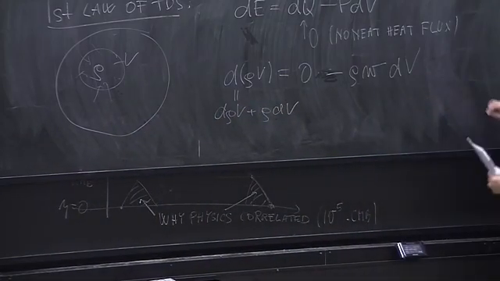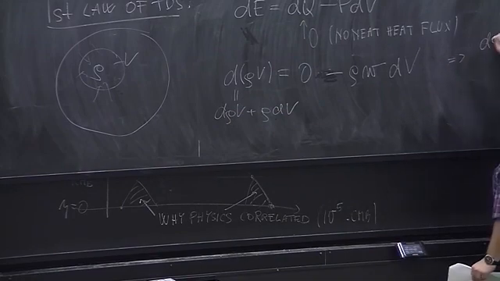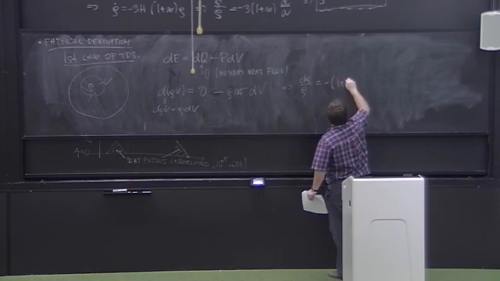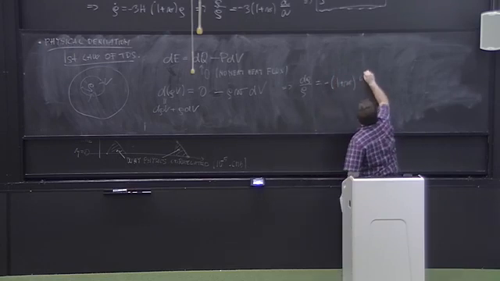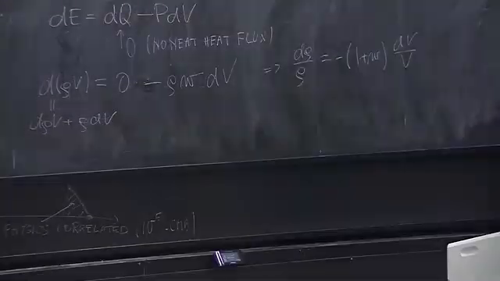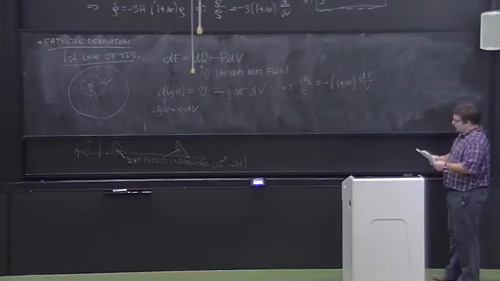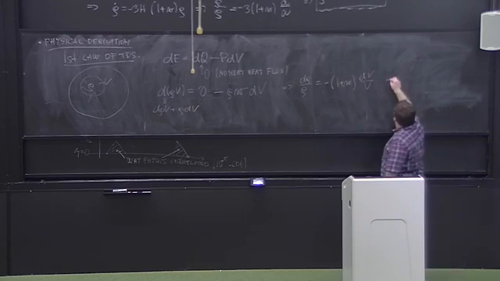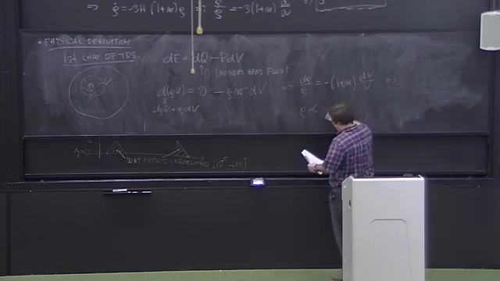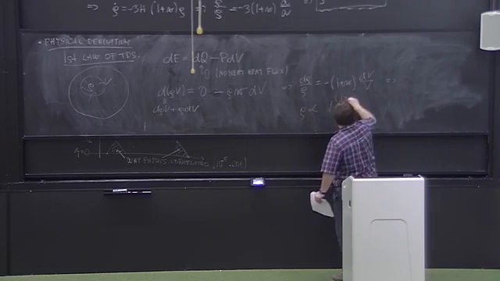And if you do that, you'll find that d rho over rho equals minus 1 plus W dV over V. It's just rearranging that equation, from where I know that rho is proportional to V to the minus (1 plus W).